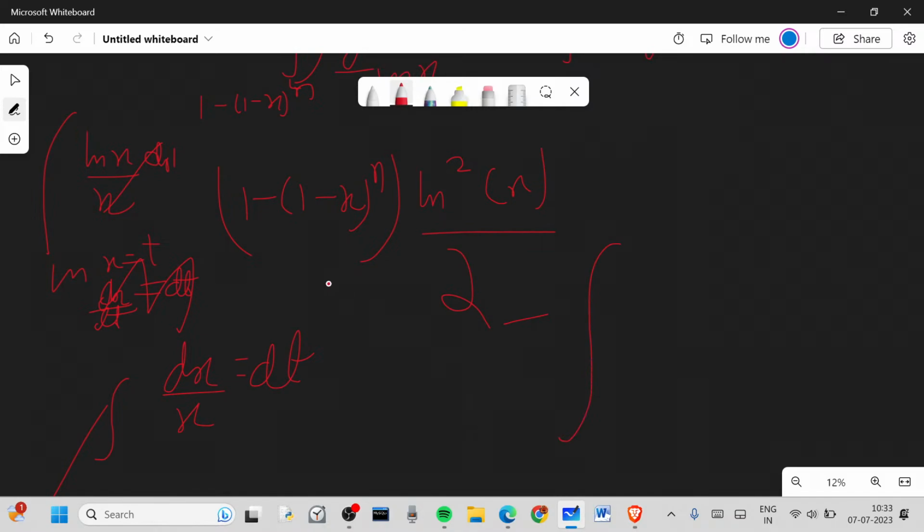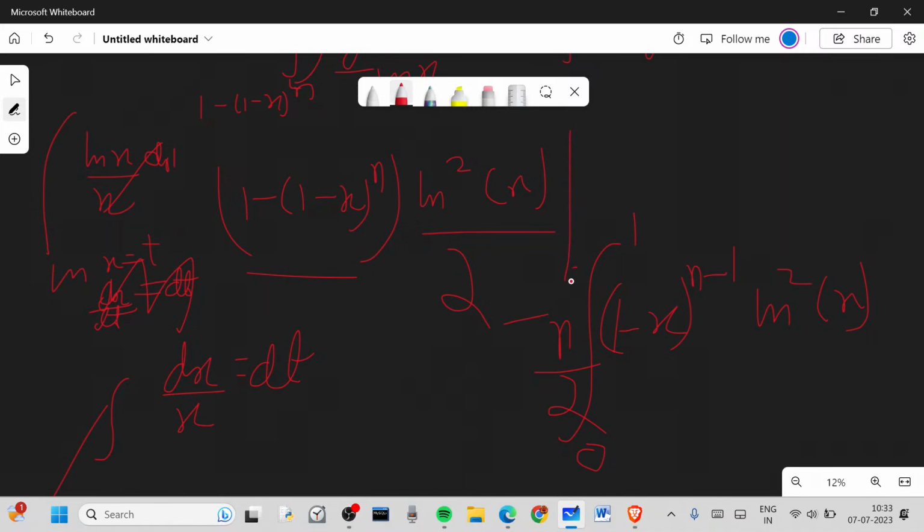Minus the integral of its derivative. So the derivative of 1 is 0, minus n times (1 minus x) to the power n minus 1. So I think we have done it. Yes, we have done it. Minus n times (1 minus x) to the power n minus 1, and writing the integral of g as ln squared x by 2. Now we have to put limits from 0 to 1.